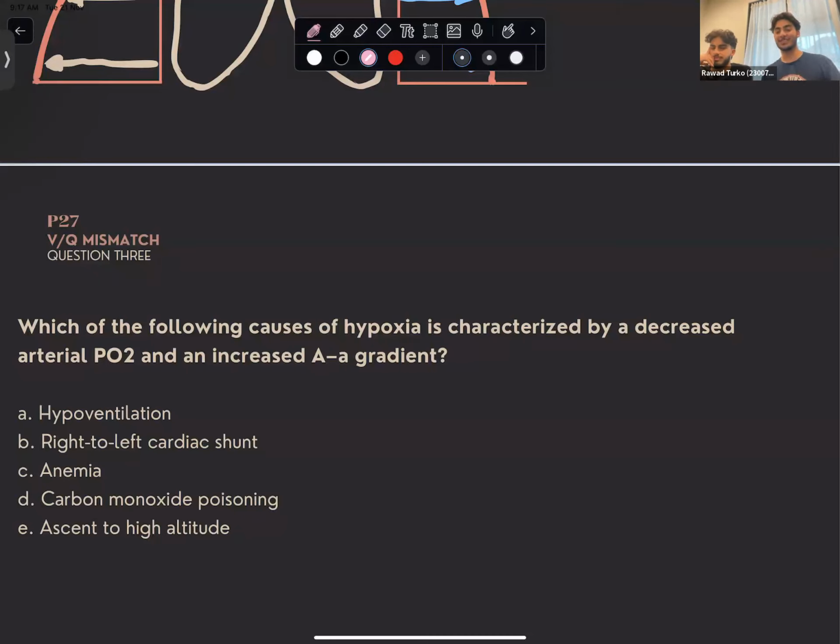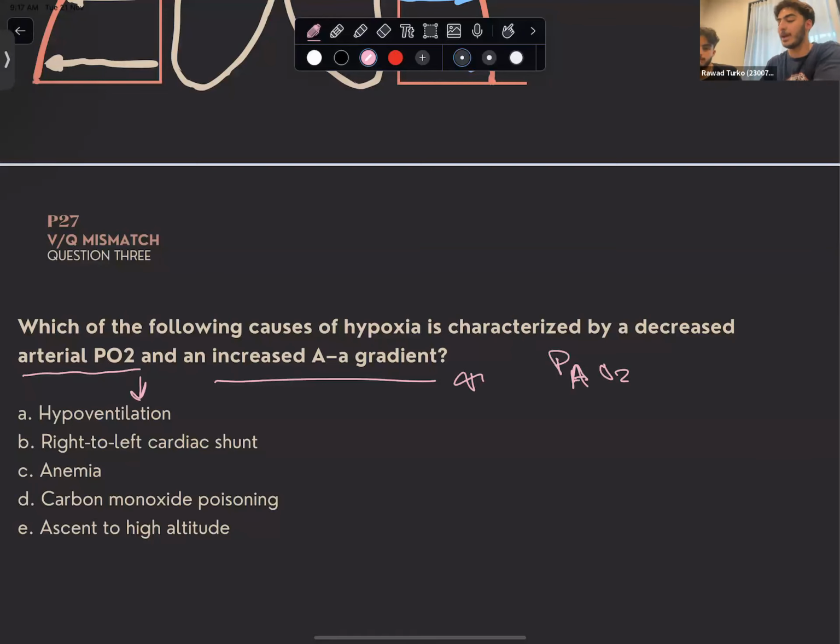But before we answer, obviously you guys already answered this. Since we have this down and this up, what does that tell me about my alveolar PO2? If this is up and this is down, alveolar PO2 is increased, right? Because your gradient is high.